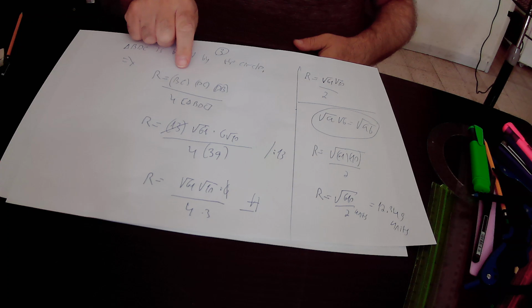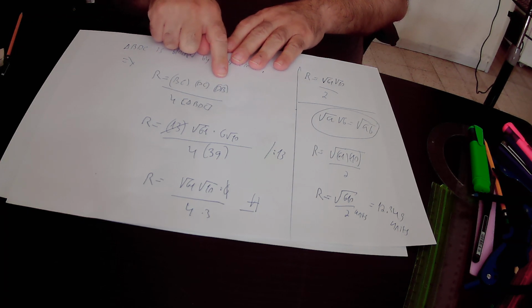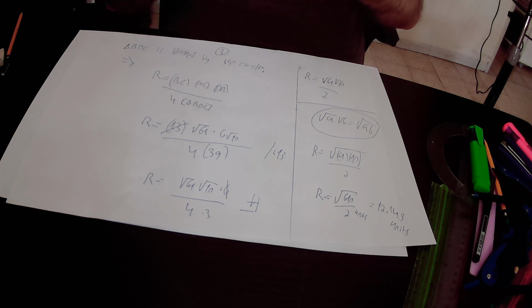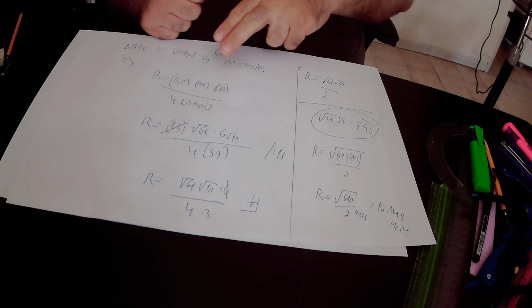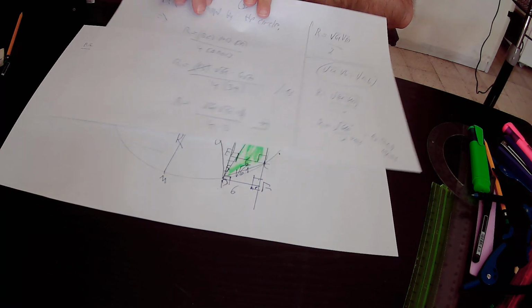So it is BC times DC times BD, or DB, it's the same. It is the multiplication of the side lengths of the triangle by each other over 4 times the area of this triangle BDC.